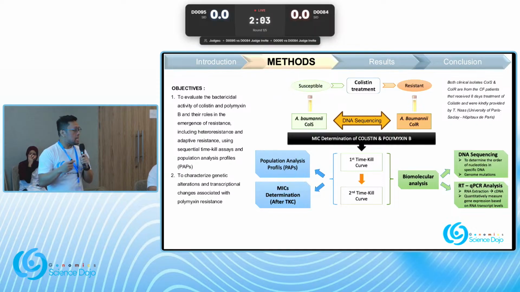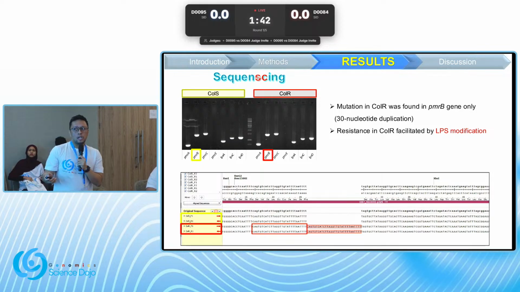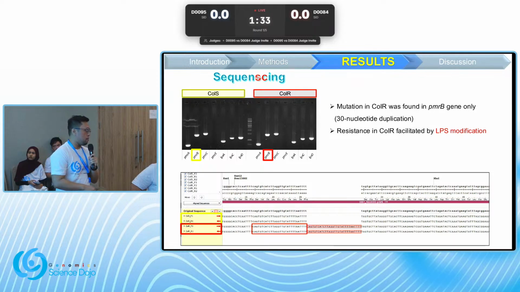So we use the clinical isolates provided from the hospital, susceptible and resistant one, isolated from the same patient that got 8 days treatment of colistin, and we compare, after we want to prove what is the difference between these 2 strains, and then we do the sequential time kill.